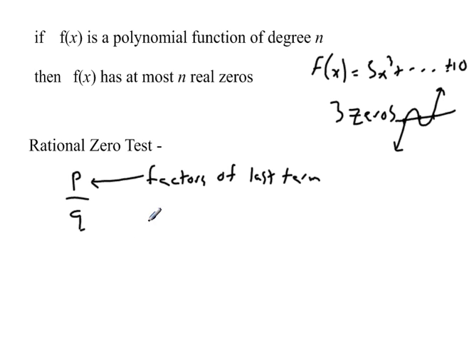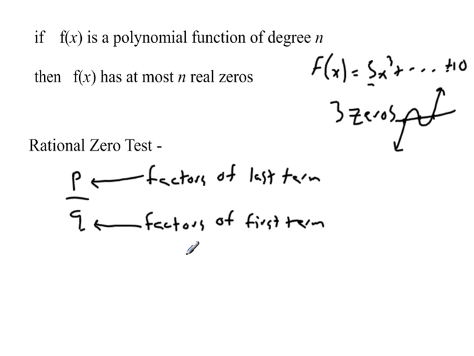Okay, q are going to be factors of the first term. So our first term here was 5, so any possible factors of that would be on the bottom of this. Now, it's kind of confusing until we see some examples.